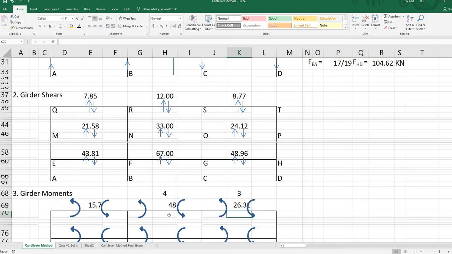Okay? Ganon din dito. Moment at the left the same as the moment at the right, but they are opposite in direction para magka-cancel out sila. Okay, so this is 15.69 or 15.7. Ito naman, it is simply the negative of the moment at the other side. Okay?